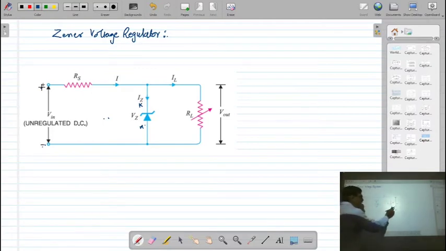And parallel to the Zener diode, our load resistance is there, and across the load resistance we have this output voltage. This is the positive of the power supply, and this one is the negative of the power supply. Sometimes this is also known as a shunt voltage regulator.